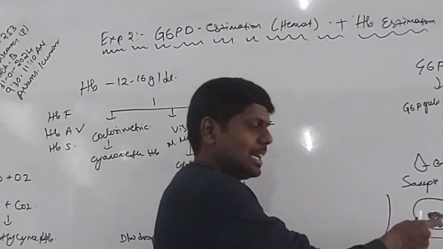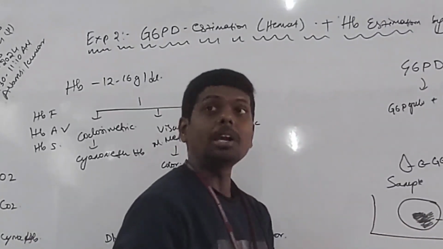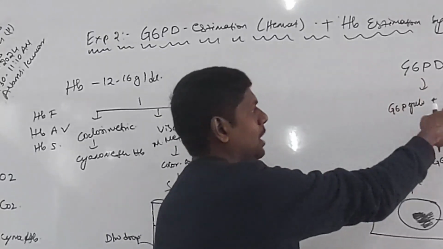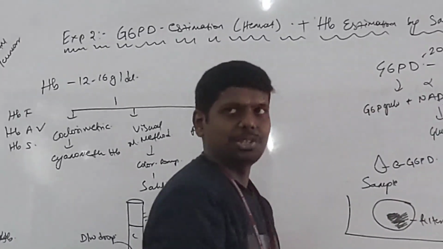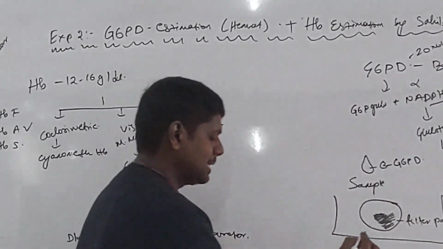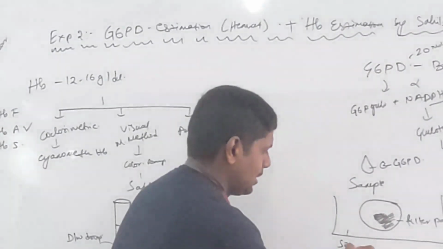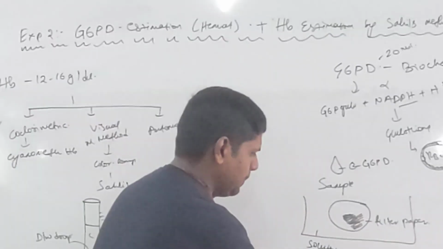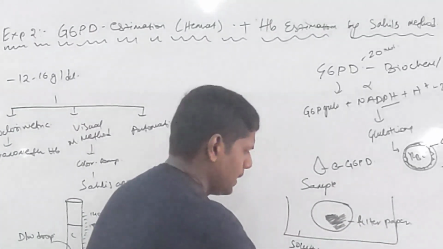this solution has the enzyme's substrates. Where does this enzyme work? This enzyme works on NADP. Okay. So what I will do is, in this solution, there are glucose 6-phosphate plus NADP.